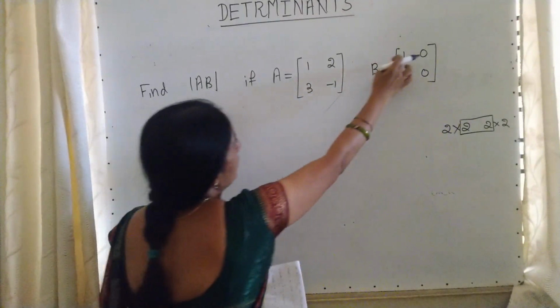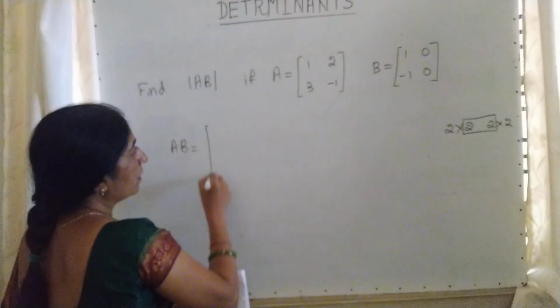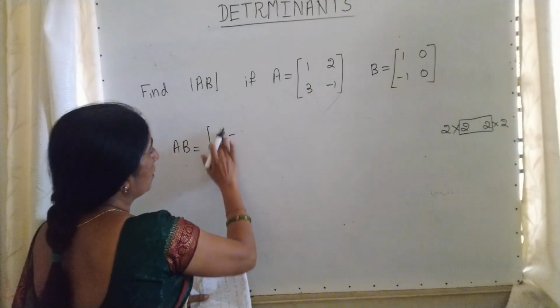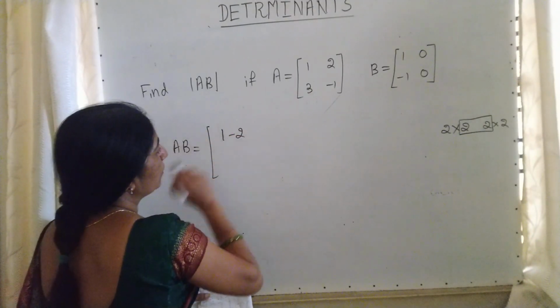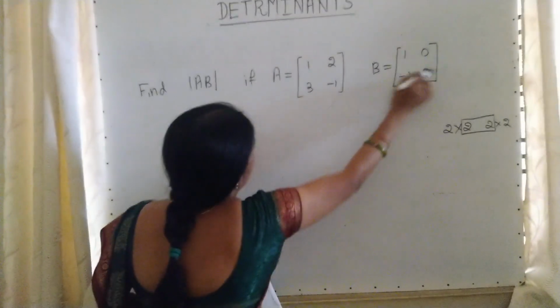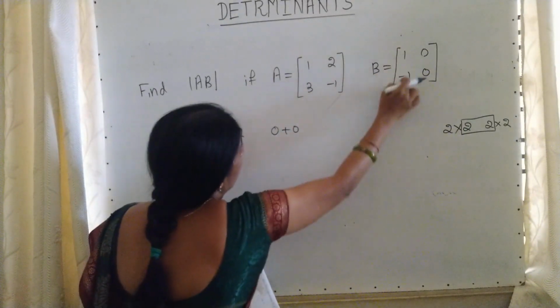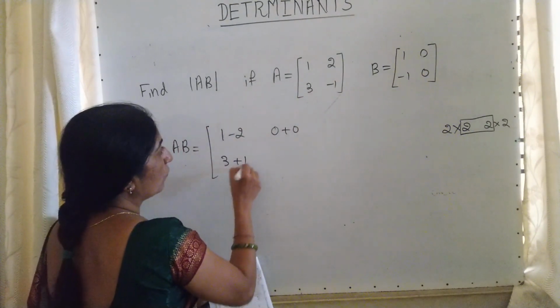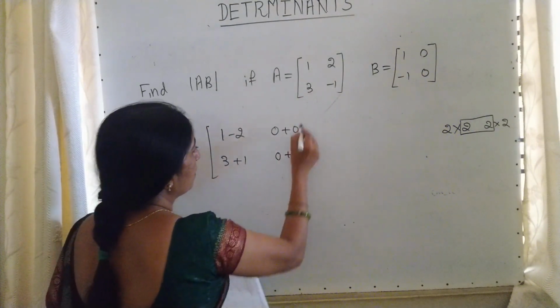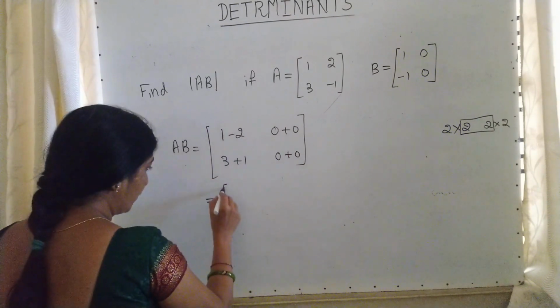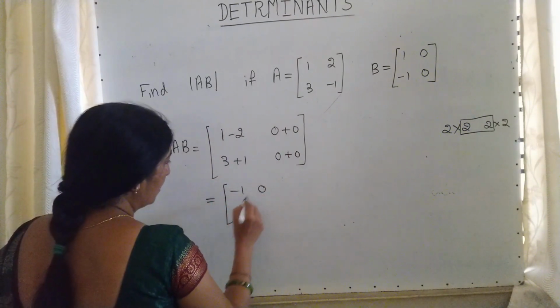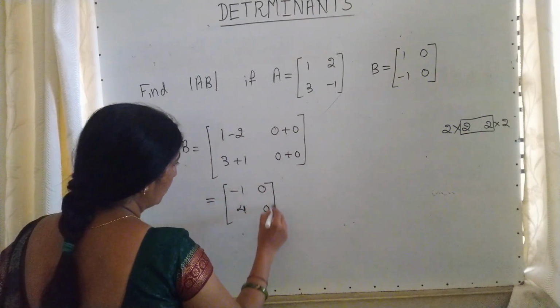Multiply first row with first column. It is 1 into 1, 1 minus 2. Then first row with second column, 0 plus 0. Then second row with first column, 3 plus 1. Then 0 plus 0. Simplify this. This is minus 1, 0, 4, 0.